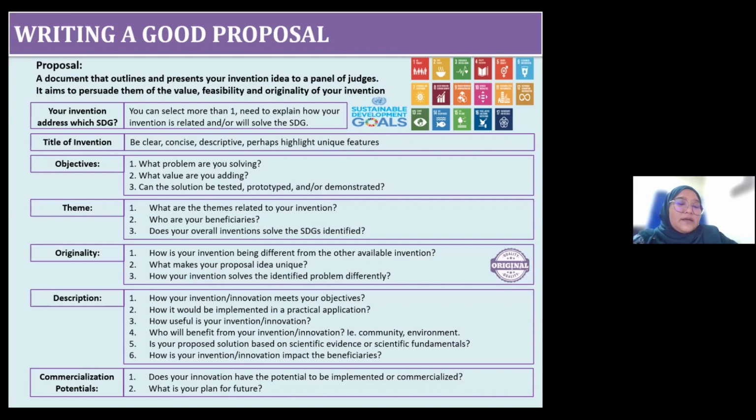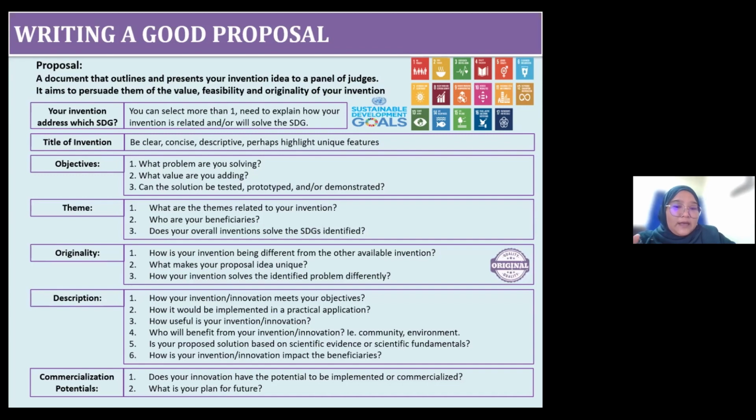Next, in the proposal, we're asking about the theme, the subcomponent of theme. This is again to elaborate the earlier thought related to the SDG. So in the theme, you have to spell out what themes relate to your invention.